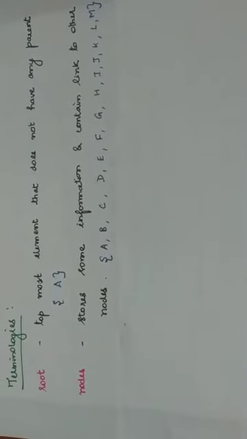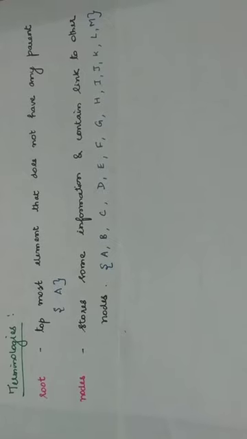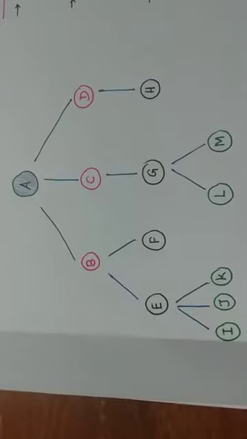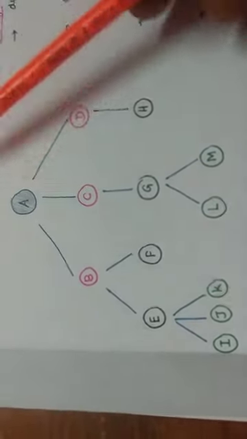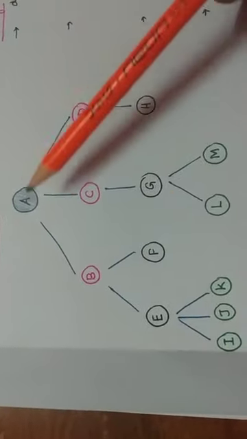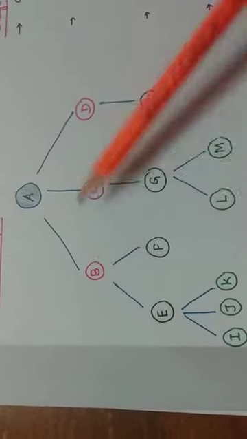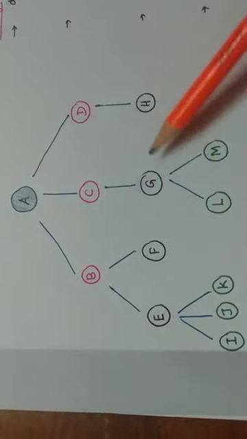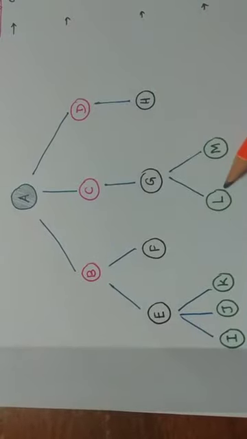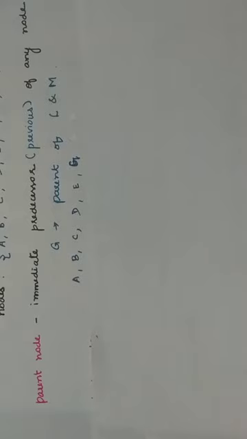Nodes are used to store some information and contain links to other nodes. In our example, all of these are nodes. Even A is a node, a root node. B, C, D, E, F, G, H, I, J, K, L, M, N are all nodes.